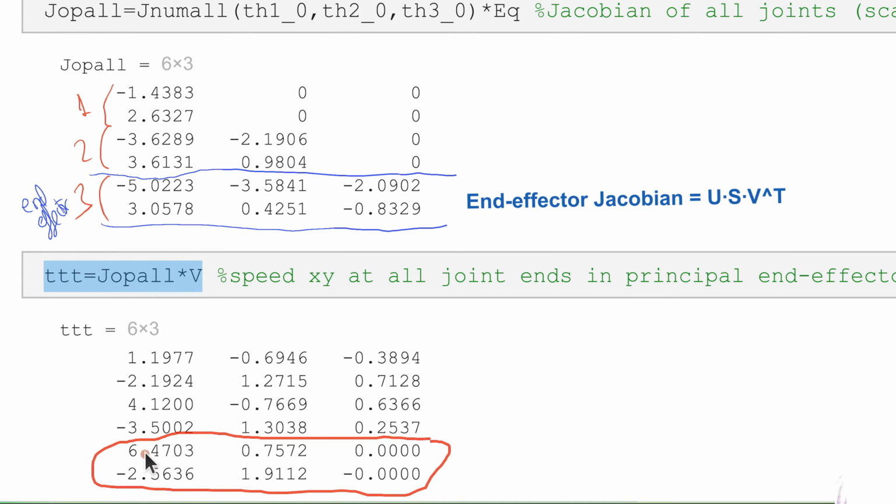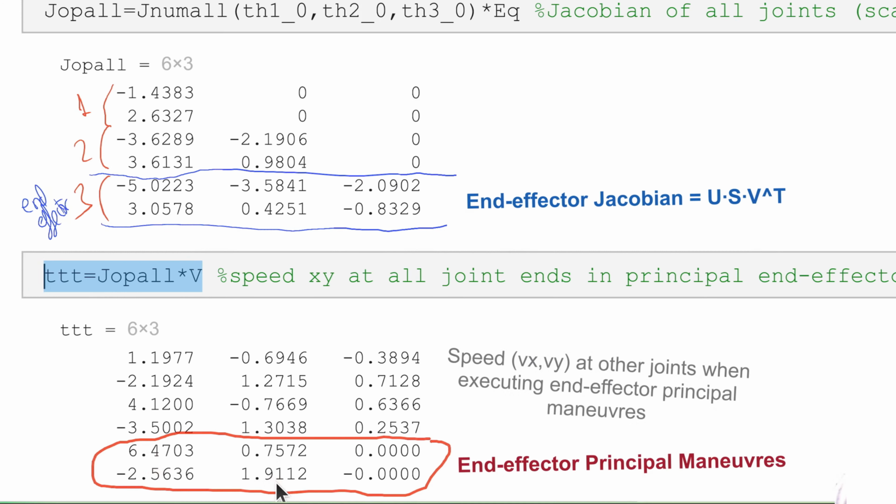The modulus of these 2 numbers here, first column, is 7, and the modulus of this one is 2, equal to the principal gains, and then the rest of the rows are x and y velocities in intermediate lengths associated to those end-effector principal maneuvers. Well, they are a bunch of numbers that we'll see better when we do some graphics. For the moment being, we'll leave them here and we'll come back later on.